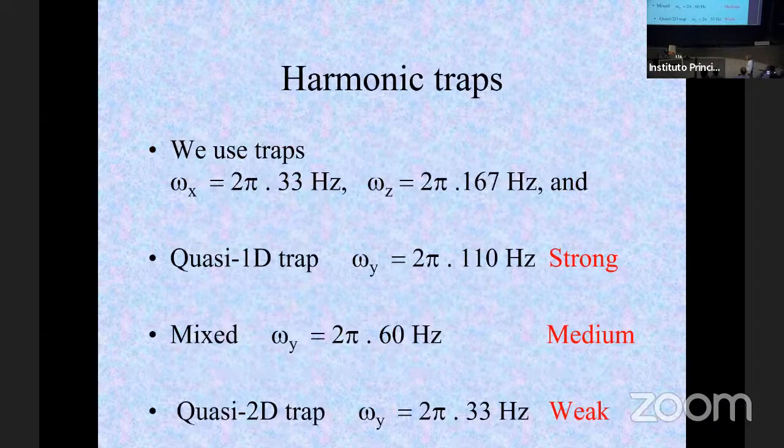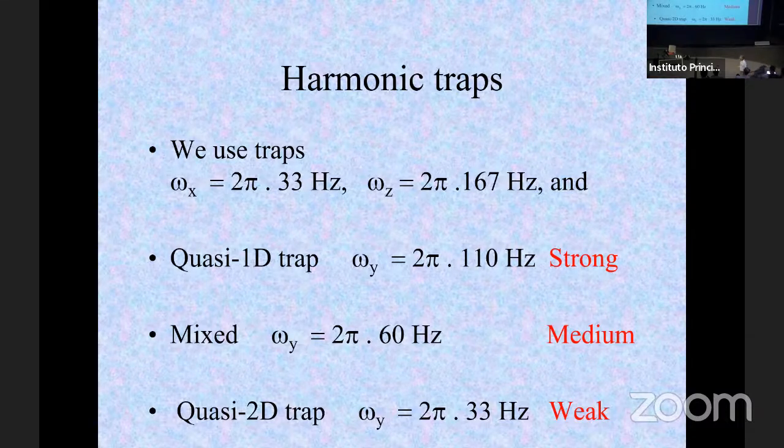And for the harmonic traps, we'll be using three harmonic traps. Omega x will always be taken as 33, and omega z 167 hertz. And we'll be using a quasi-1D trap with omega y equal to 110, and a mixed trap, medium, with omega y equal to 60 hertz. The third trap is quasi-2D, with omega y 33.